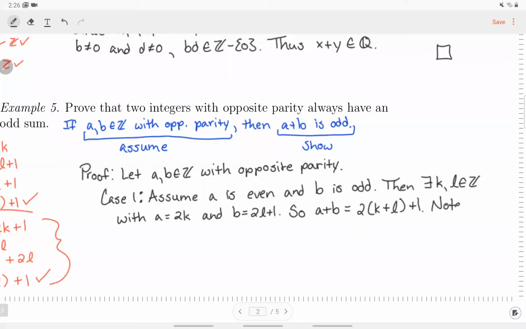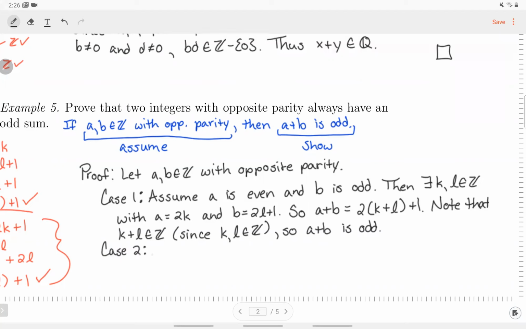Note that K plus L is an integer since K and L are integers. So A plus B is odd, because that's what it means to be odd, to be 2 times an integer plus 1. All right, so that's case 1.